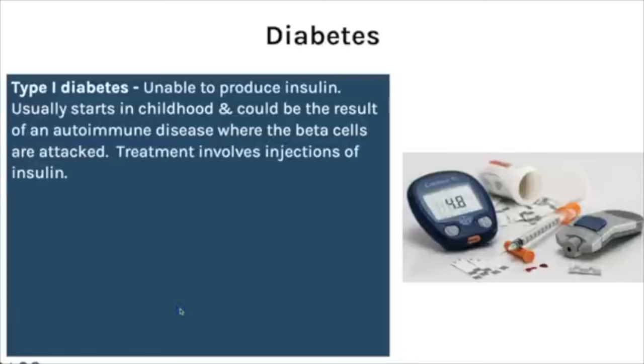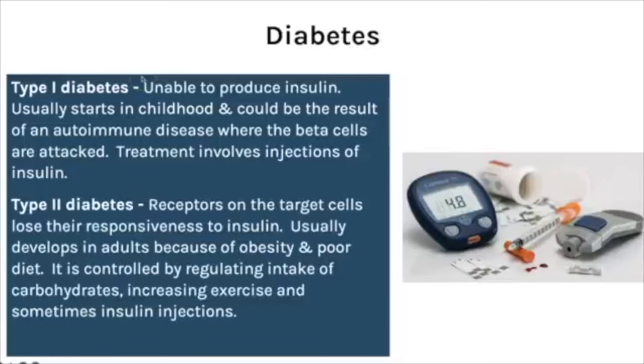Now, diabetes is when the body cannot produce enough insulin or it's not responding to insulin anymore. Type 1 diabetes is when people are unable to produce insulin or not producing enough. It normally starts in childhood as a result of an autoimmune disease where the beta cells are attacked. So the treatment would be injections of insulin to counteract this.